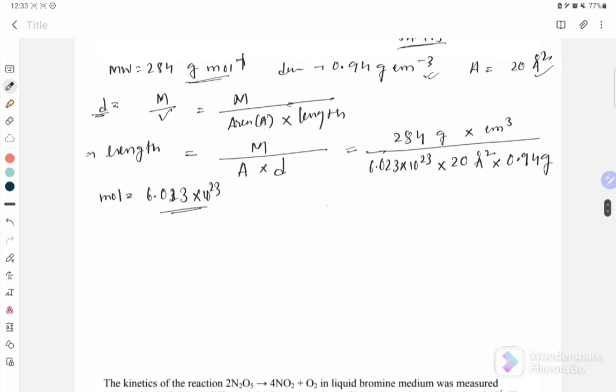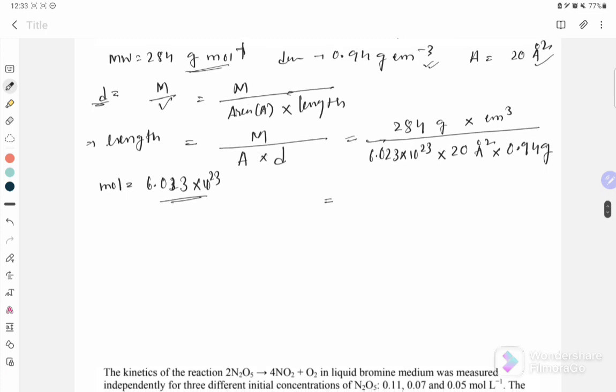If you calculate this, grams cancel out, and 284 divided by this expression gives 2.51 into 10 to the power minus 23 angstrom square into cm cubed.